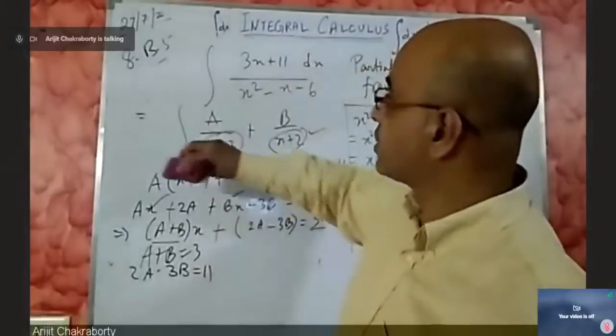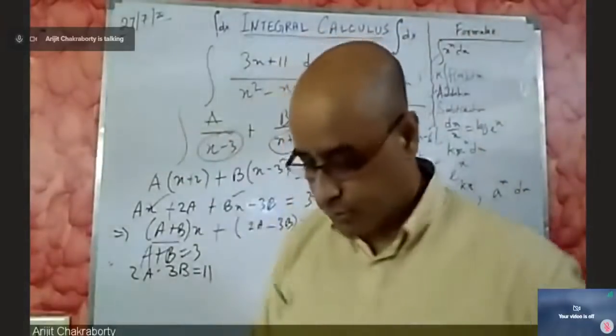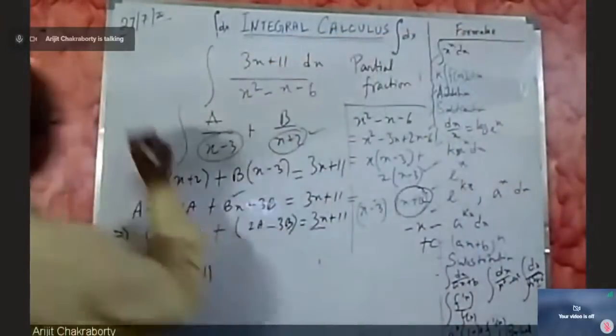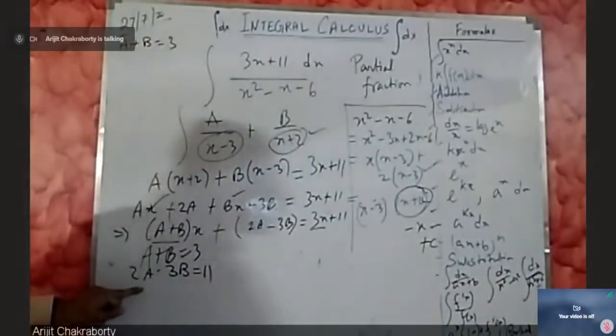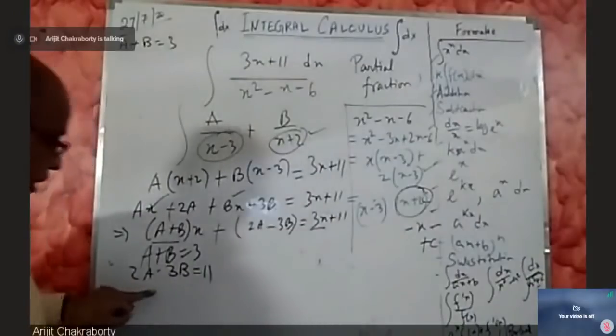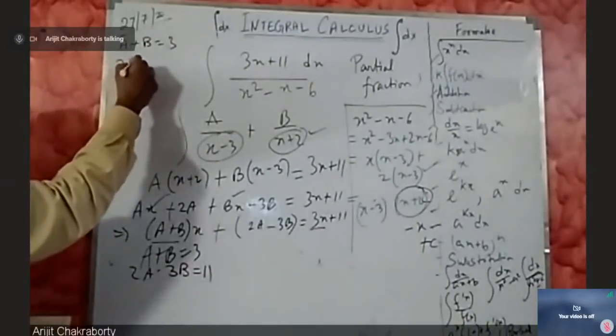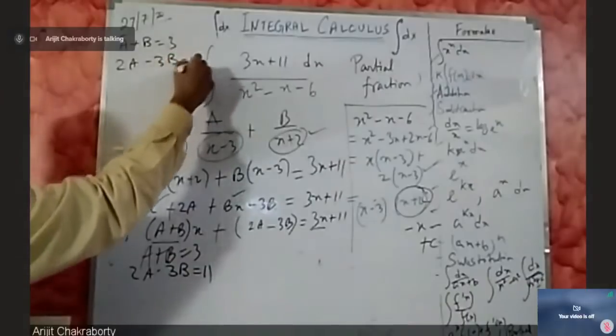I will try to solve it here. We have a plus b equal to 3 and 2a minus 3b equal to 11.